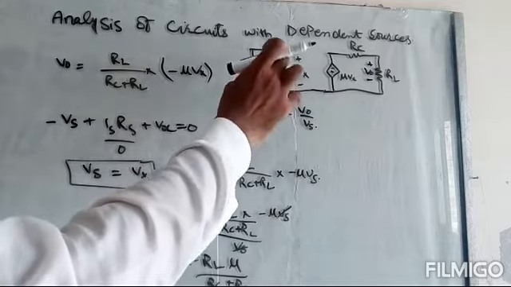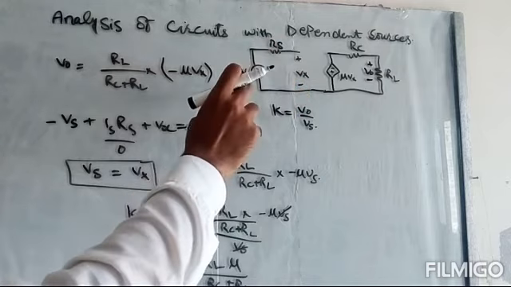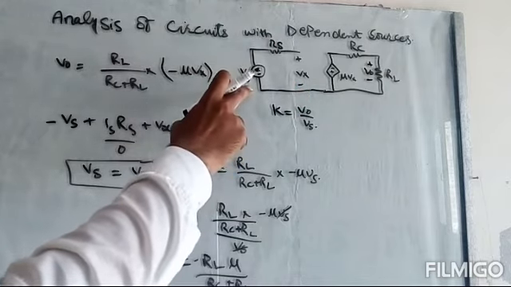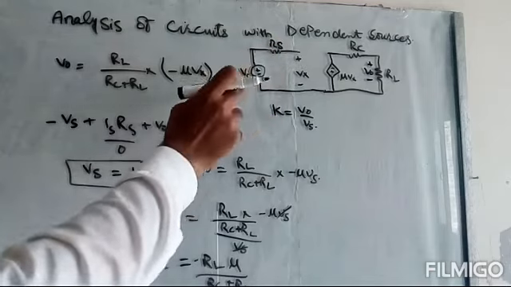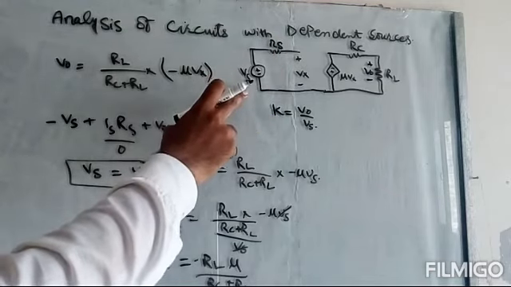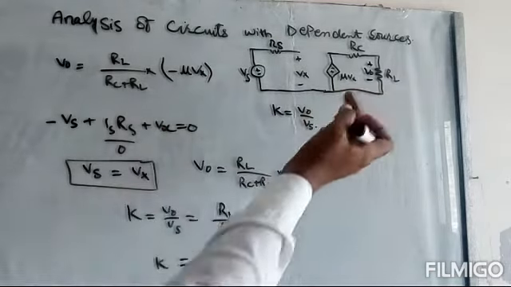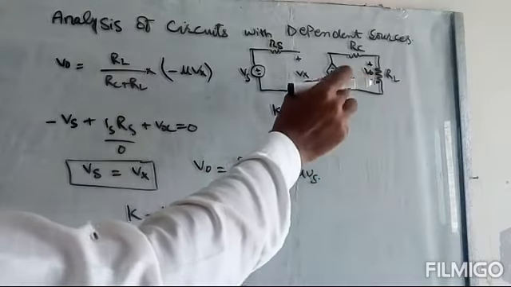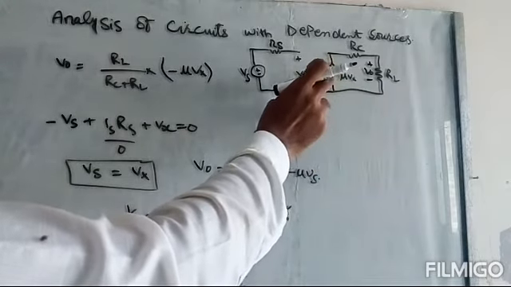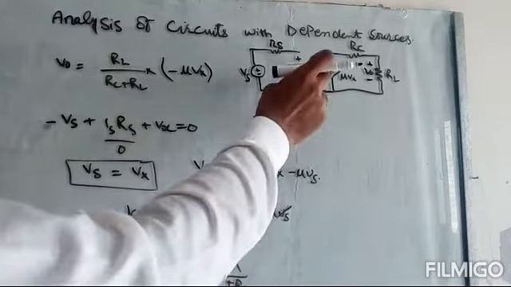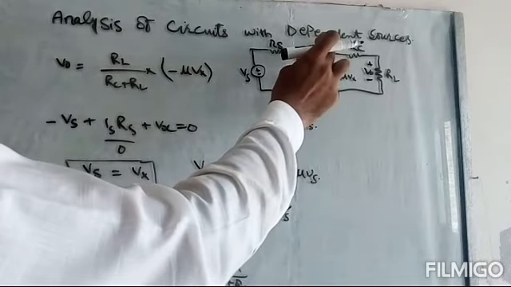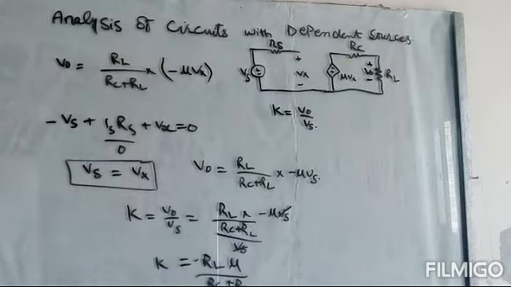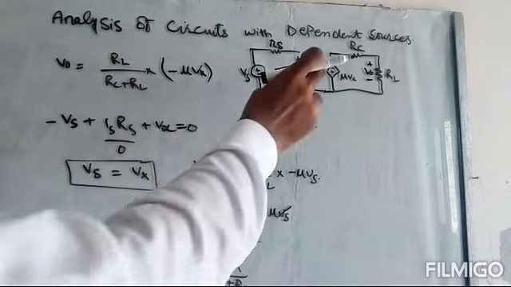Similarly, we can see no current is flowing over here, so no power is being delivered from this source. Because no current is flowing, the power delivered from the source will be zero, and we are getting power over here. So where is this power coming from? This power is coming from this dependent source. This dependent source has a power supply that is not shown in the circuit, but it requires the power supply to run.